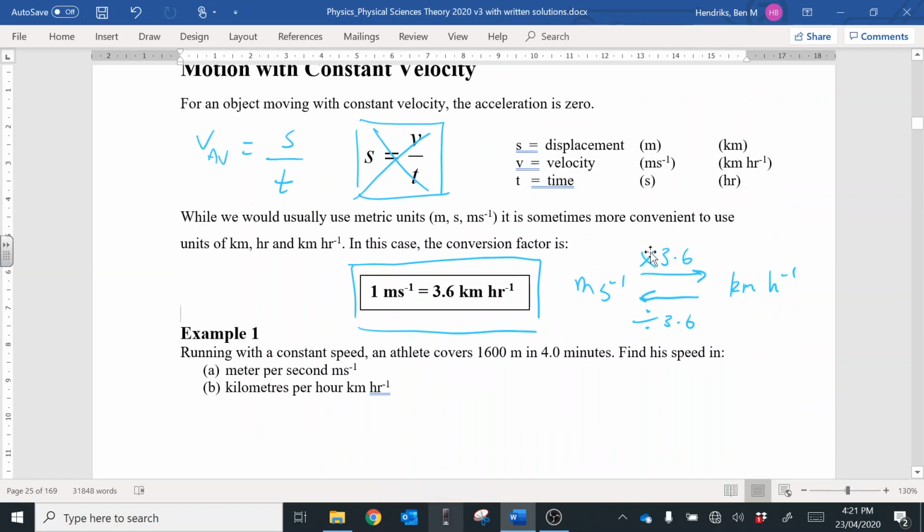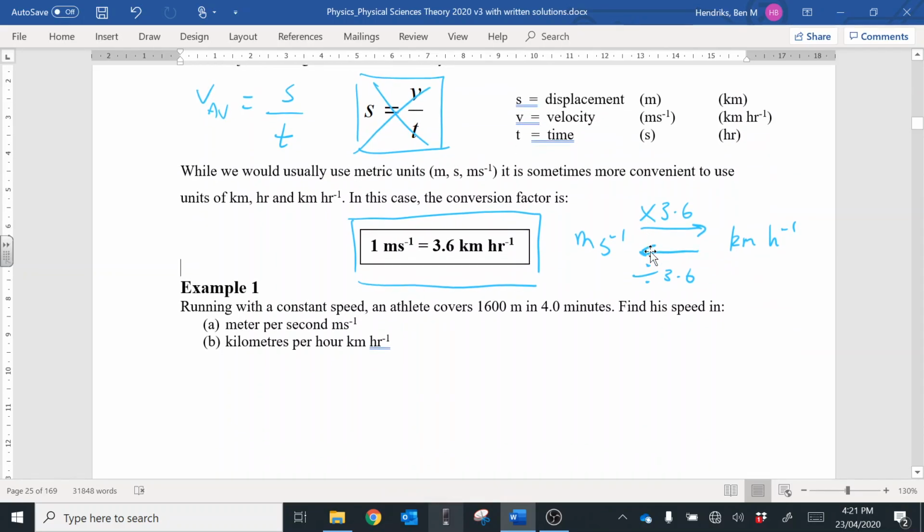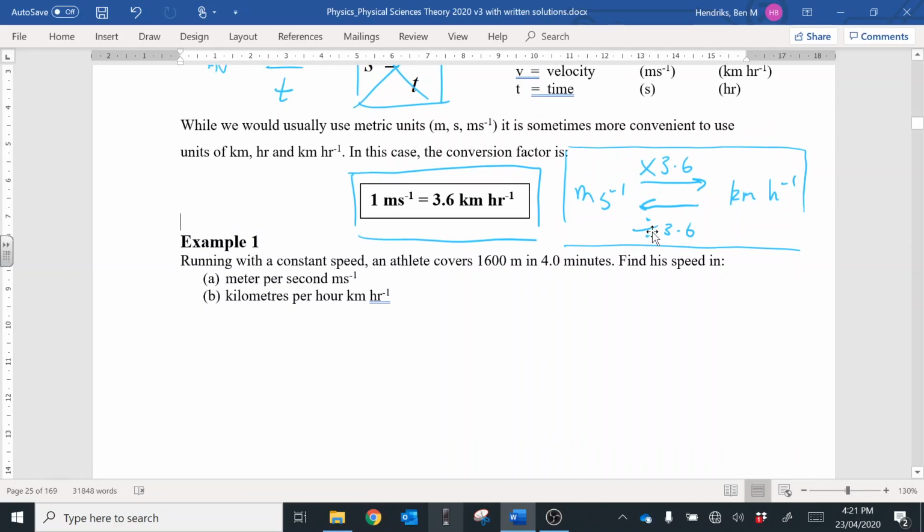Okay, so we'll just use these conversions as such for our first example, and then if you're interested, you can stick around for the rest. So example 1, running with a constant speed, an athlete covers 1600 meters in 4 minutes. Find his speed in A, meters per second, and then B, kilometers per hour.